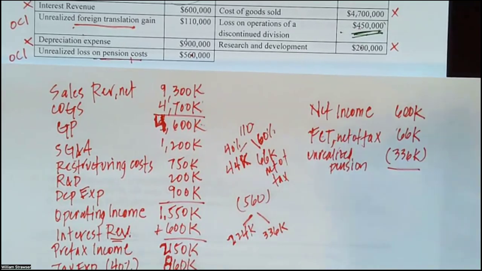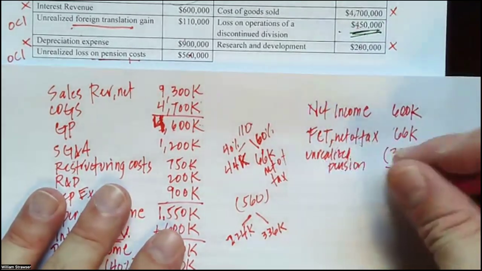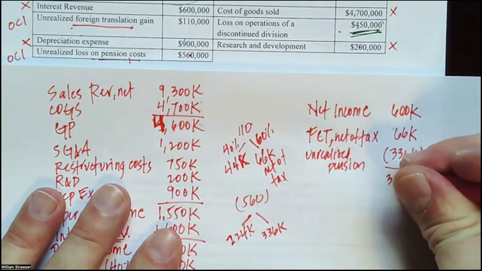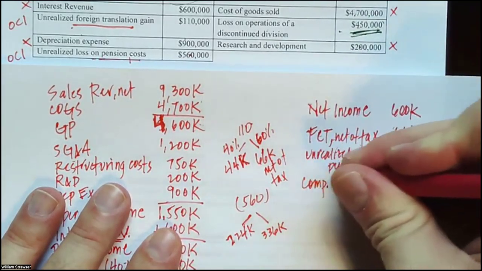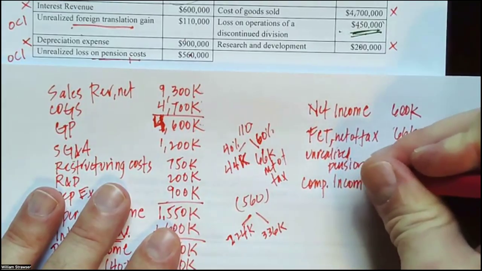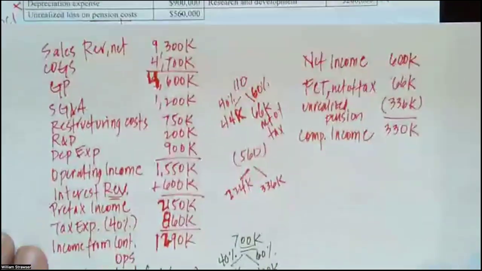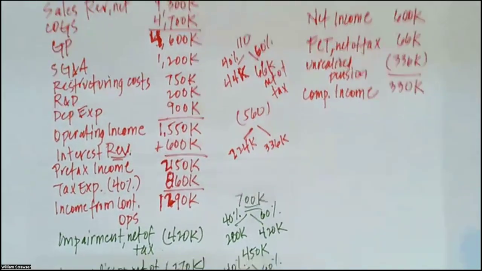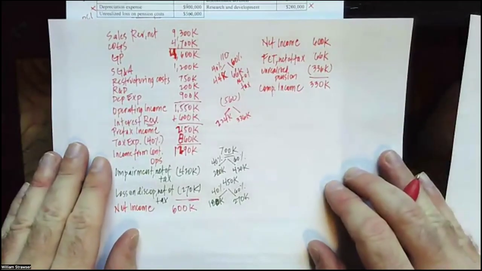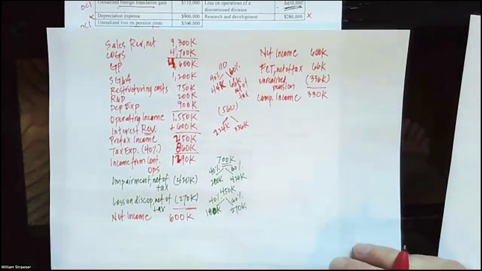And when I combine those, I get $330,000 of comprehensive income. All right, so this would be the full multi-step income statement with all relevant subtotals.